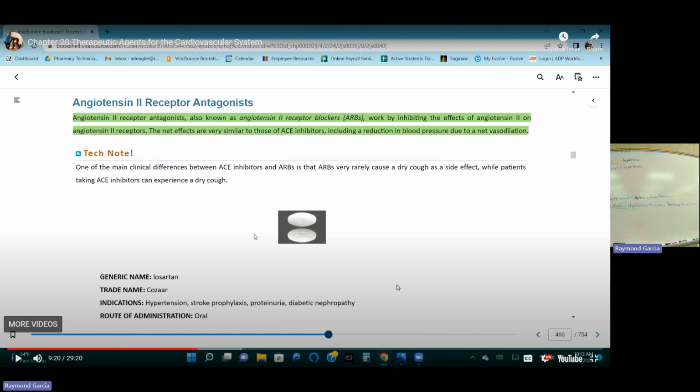We'll give it the short form, ARBs, angiotensin II receptor antagonists, also known as ARBs, ending in sartan. So they reduce blood pressure due to net vasodilation. So that's dealing with blood pressure as well.